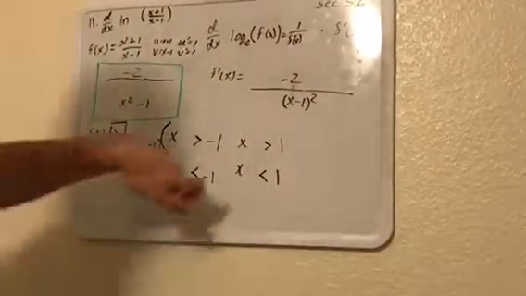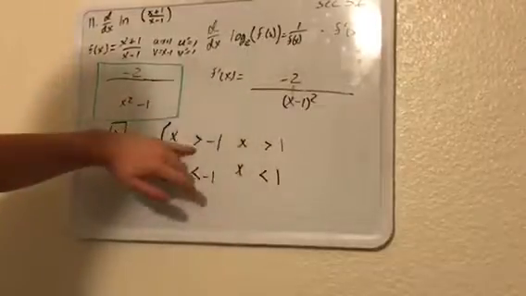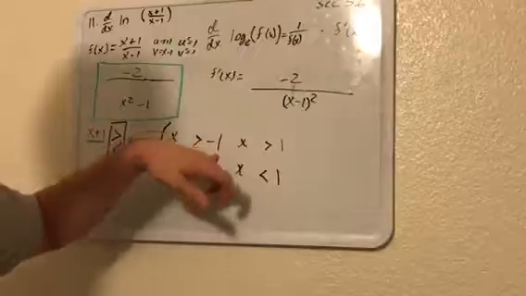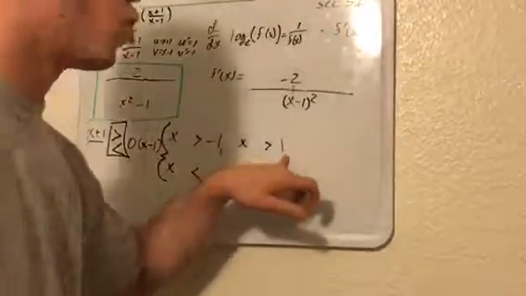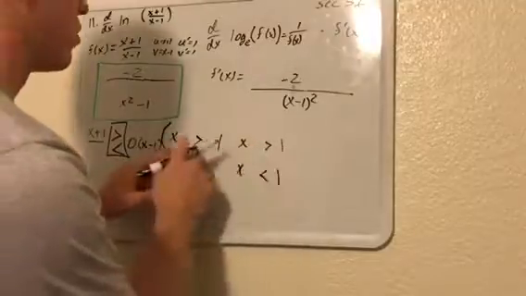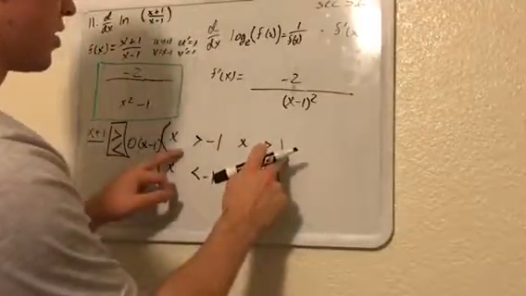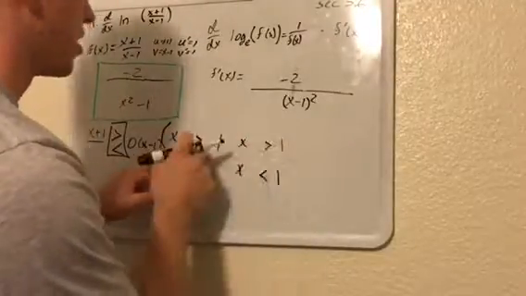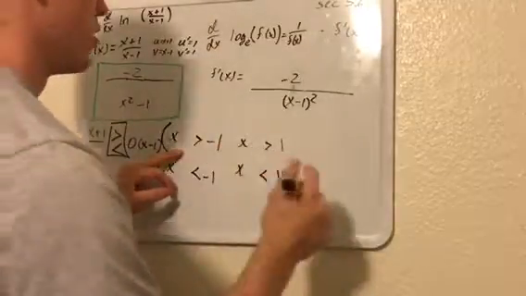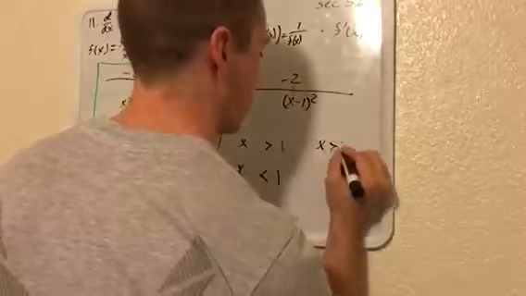So if you want to make sense of this, that means that in the event that x is greater than -1, it has to be greater than 1. So since you're saying that it has to fulfill both of these, it has to be actually greater than 1, because any value that's not greater than 1 will not fulfill this value right here. So it's saying that x is greater than 1, right?